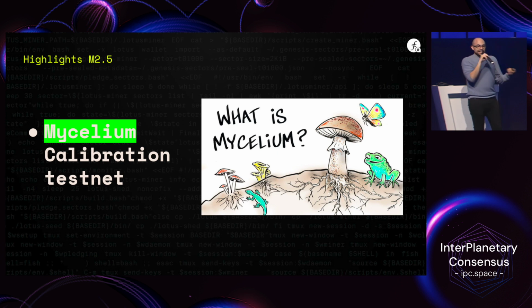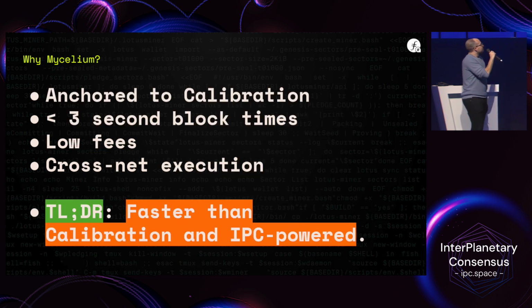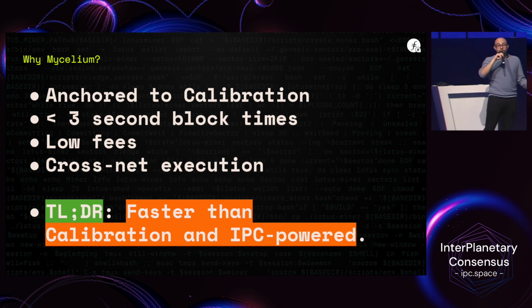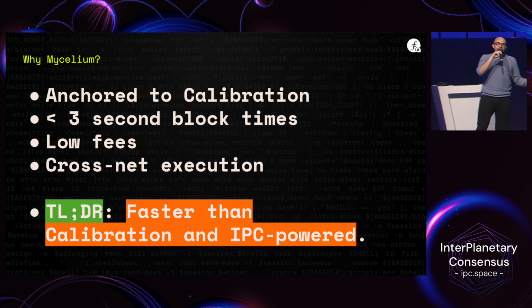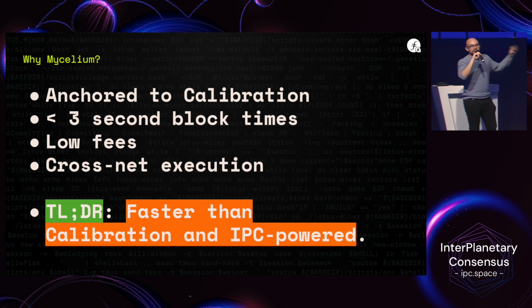So what is this Mycelium? The idea behind Mycelium is to have a layer 2 IPC that can be used off the shelf without you having to worry about finding validators for your subnet, deploying your subnet, and all of these complexities. And it's a general purpose L2 that is anchored to Calibration. This is a question that we get: if you recall, in Lotus we had this Trantor consensus that had 1 second block times.